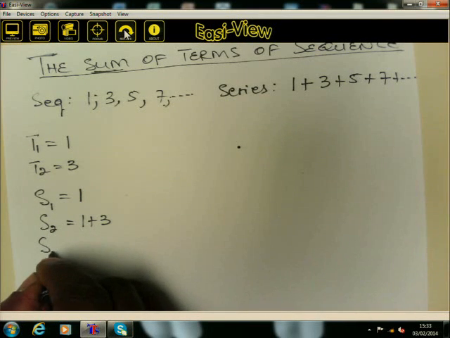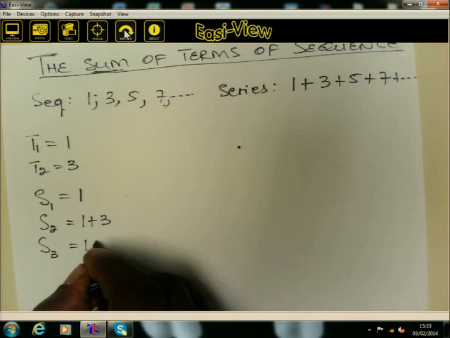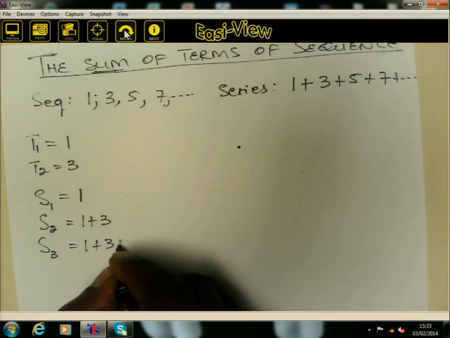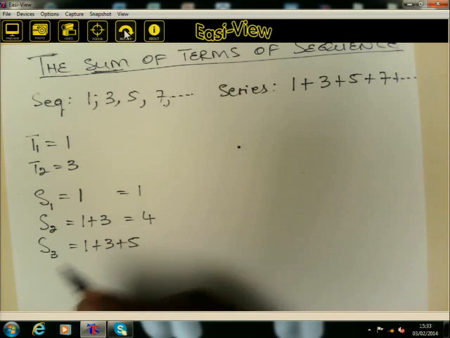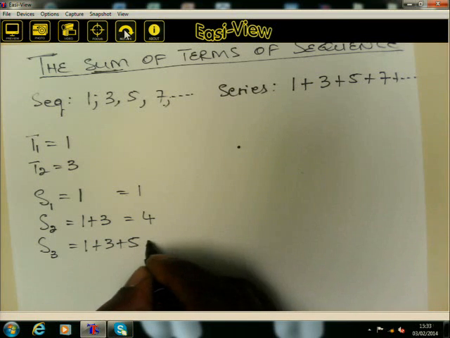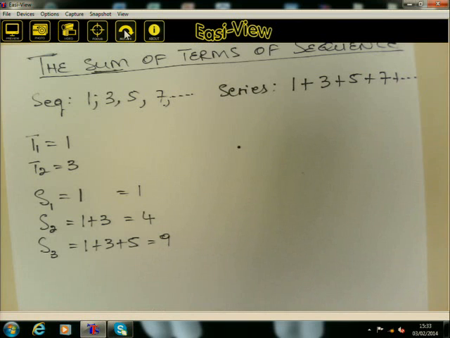The sum to 3 terms will be 1 plus 3 plus 5. This one will obviously be equal to 1, the sum. That one will be 4. That one will be 9. That is the sum up to 3 terms.